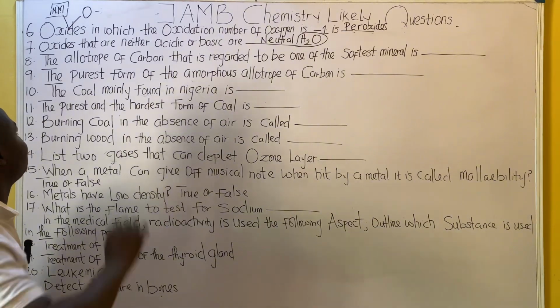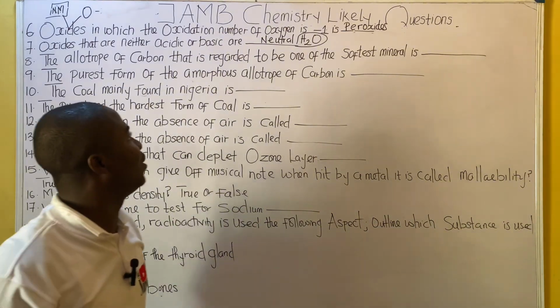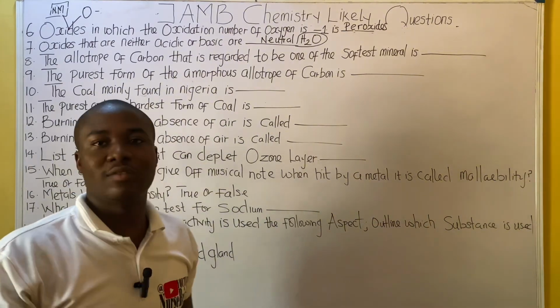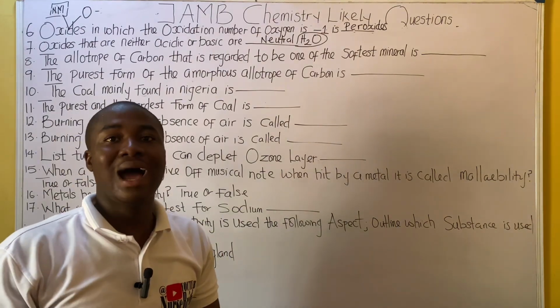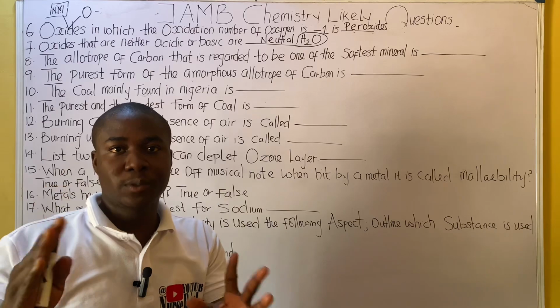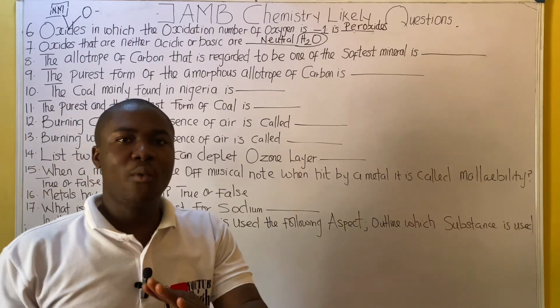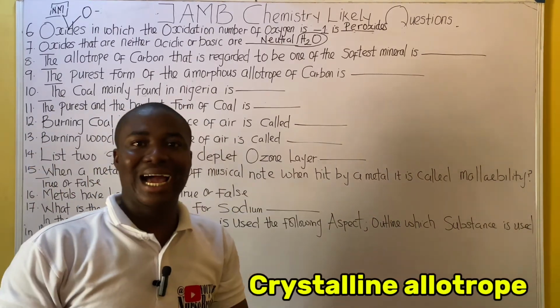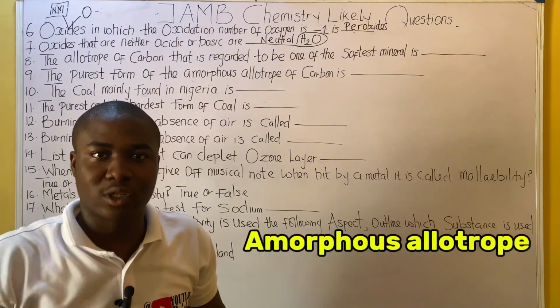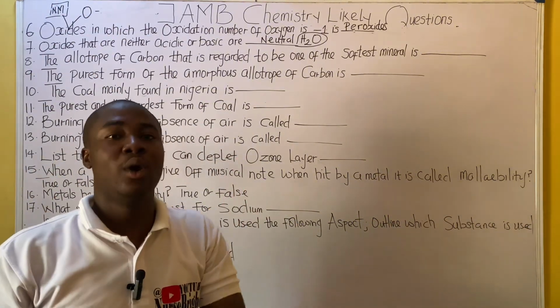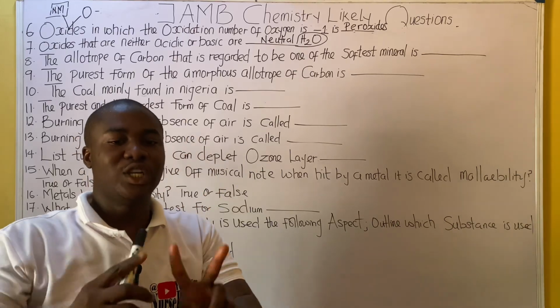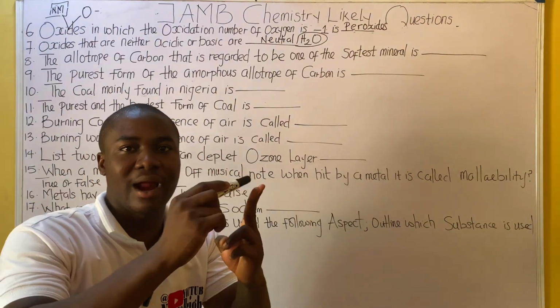Question 8 says, the allotrope of carbon that is regarded to be one of the softest minerals is what? You know that carbon has two groups of allotropes. We have what we call the crystalline allotropes and the amorphous allotropes. On the crystalline allotropes of carbon, we have two majorly, which are diamond and graphite.